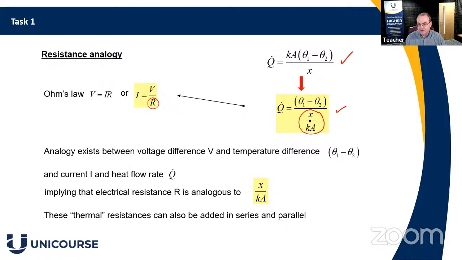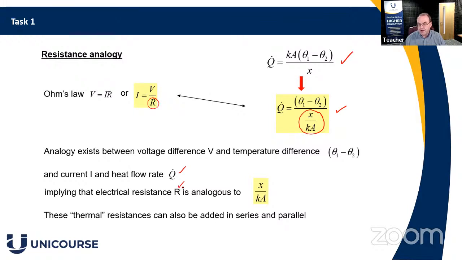But it's not just a single value. The thermal resistance is x over kA. So the words underneath explain that the current is analogous to the energy, the heat flow Q, heat transfer, and the thermal resistance is an analogy to the resistance of the system.